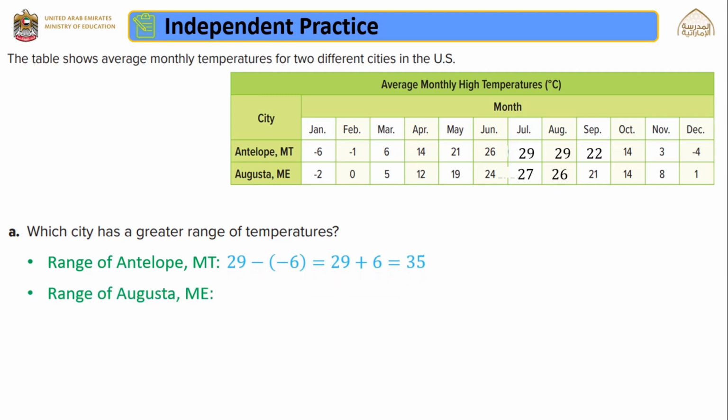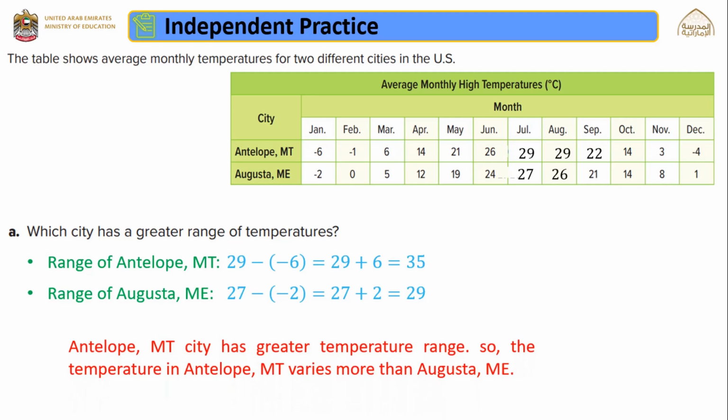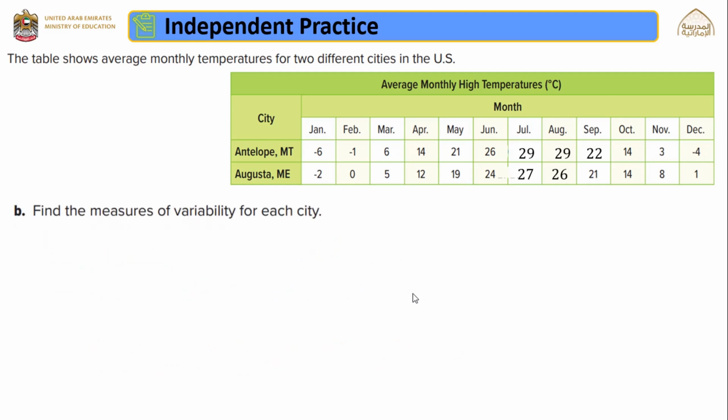The range of Augusta, Maine is the highest value 27 minus the smallest value, so it's 29. Antelope, Montana has a greater temperature range, so the temperature in Antelope, Montana varies more than Augusta, Maine. B. Find the measure of variability for each city.